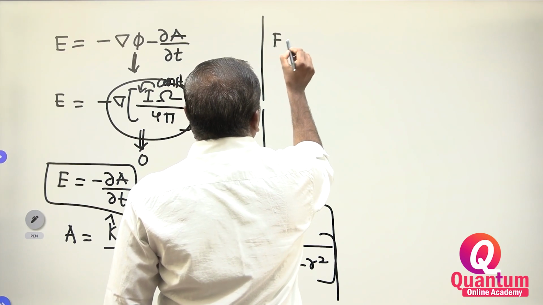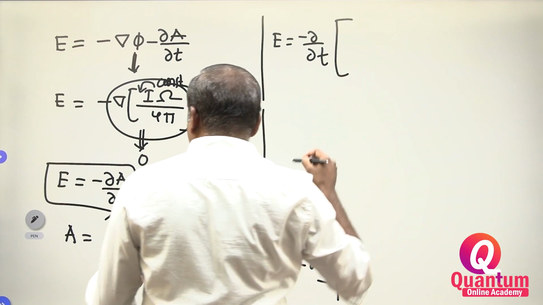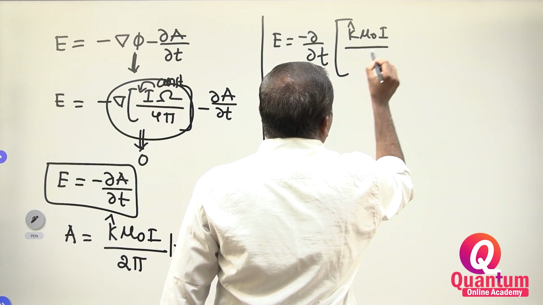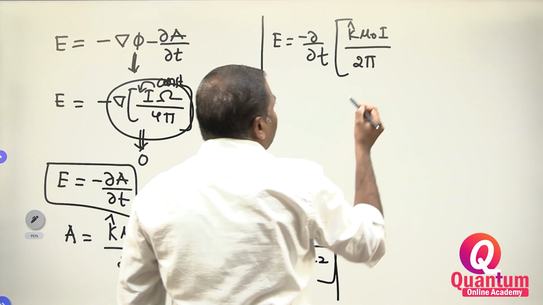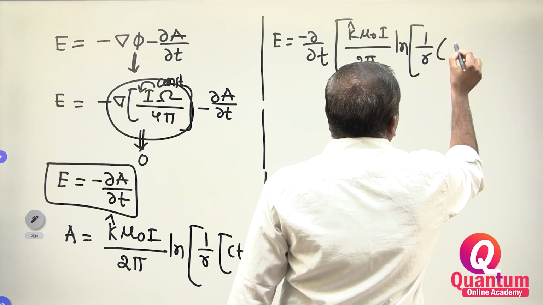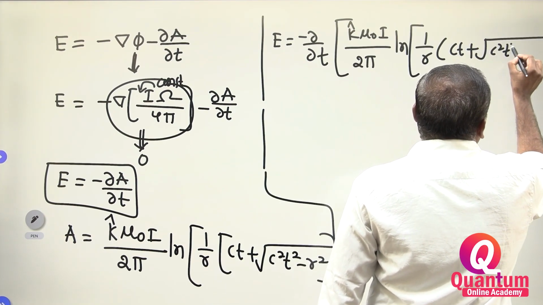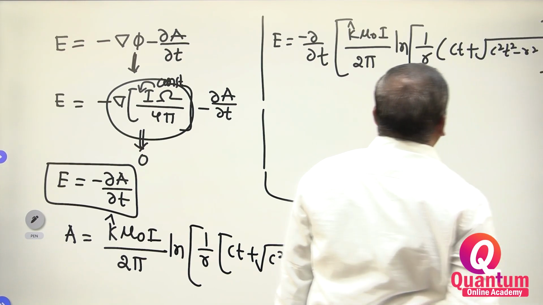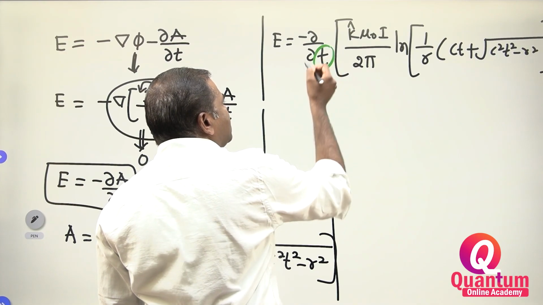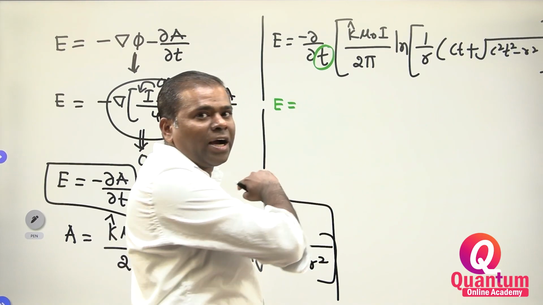E = -∂/∂t of [k̂ μ₀I/2π ln((1/r)(ct + √(c²t² - r²)))]. We differentiate with respect to time, and whatever constants are there, take them outside.